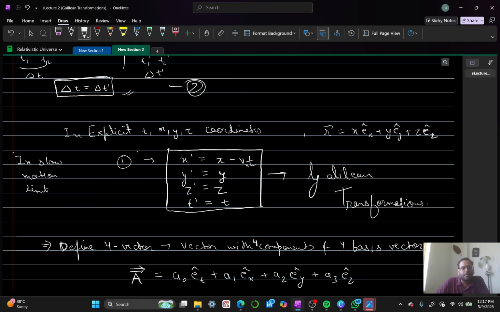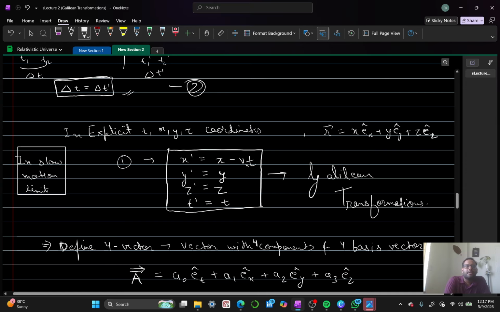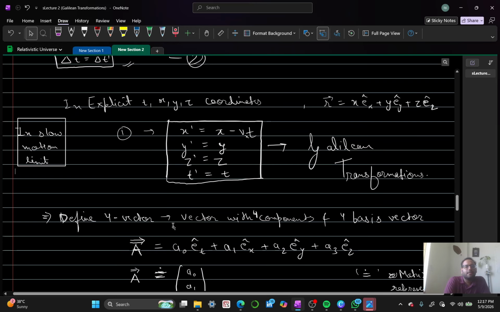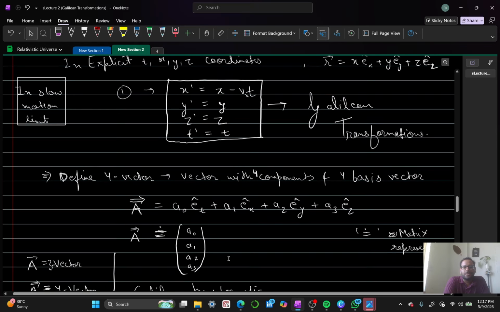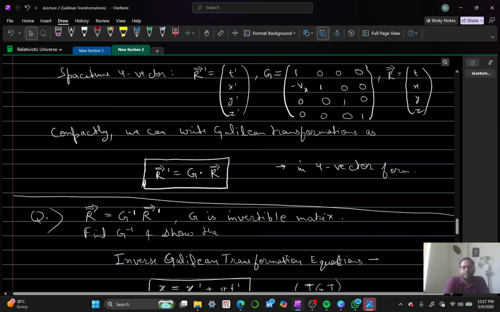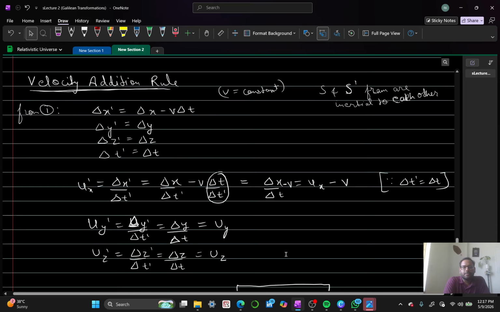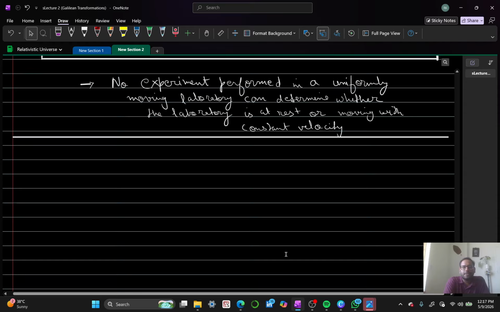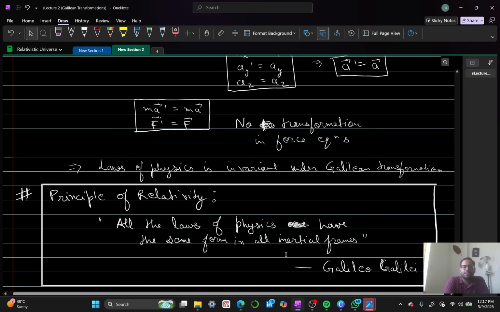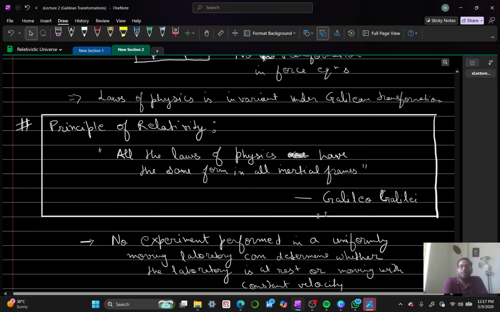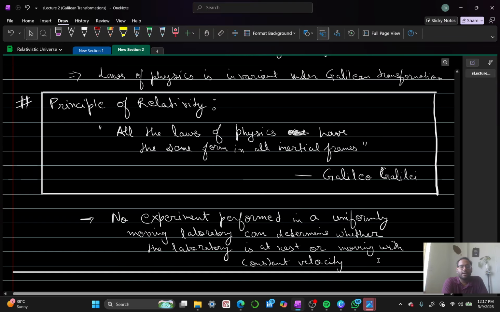We will see why these transformations change their form in the fast motion limit. At high speeds, they will signify that space and time coordinates are actually interconnected.